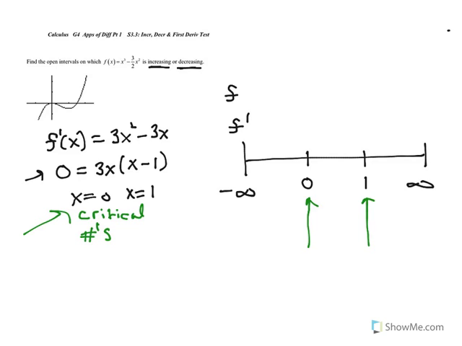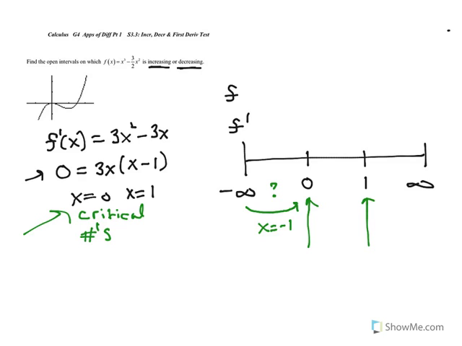So we want to know what's happening with f prime on this interval from negative infinity until we get to that first critical number. So you want to pick a number anywhere between 0 and negative infinity. Doesn't matter which number. Pick an easy number. So let's test where x is negative 1.